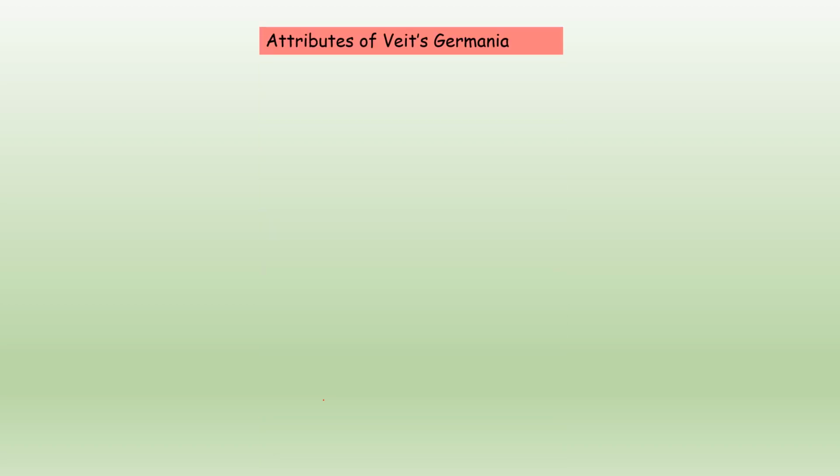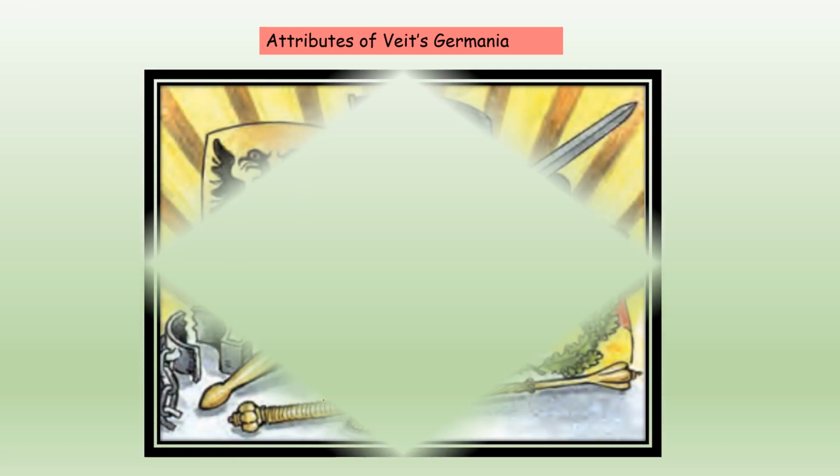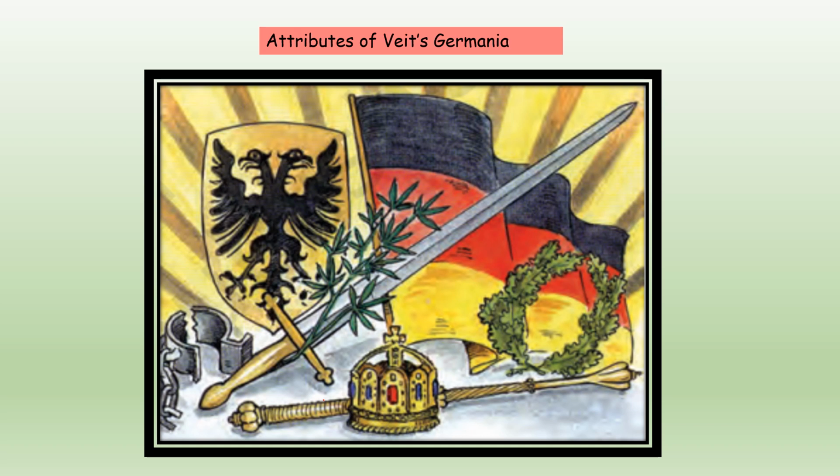Now, let's look into the attributes of Veit's Germania. What are the attributes and what is their significance? First, let's take the broken chain. The broken chain talks about being free or getting freedom. Then, let's look into the breastplate with an eagle.